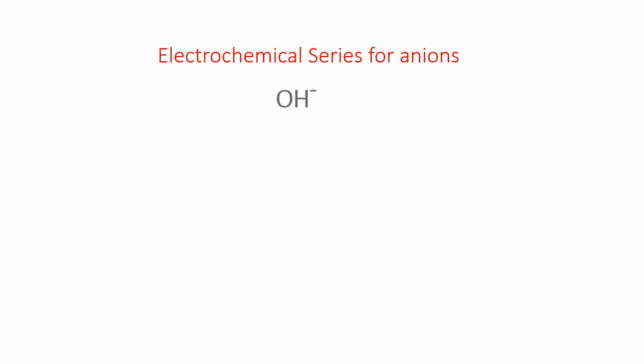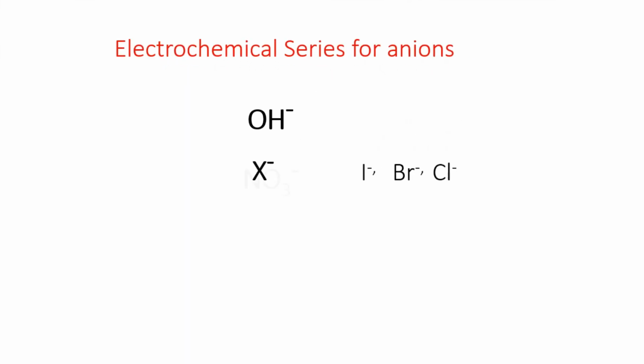Like the electrochemical series of cations, we also have an electrochemical series for anions. In the electrochemical series of anions, you get first hydroxide ions, then halides, which are basically chloride, bromide and iodide, and after them you get nitrate ions, and last you get sulfate ion. This is a short electrochemical series of the anions.